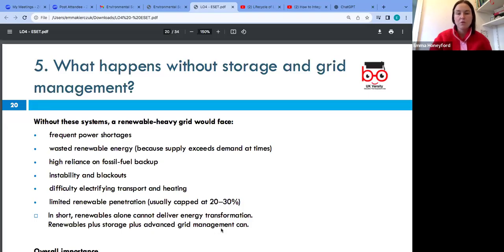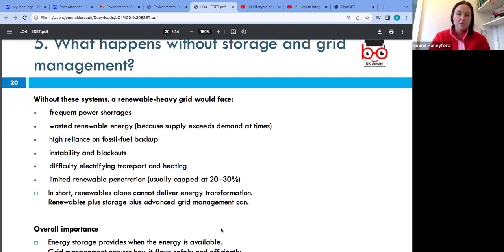So it's how do we store that excess? We'd have a high reliance on fossil fuel backup. We don't want that, we want to keep shifting away from fossil fuel. Instability and blackouts. We'd have difficulty electrifying transport and heating, and there'd be limited renewable penetration.